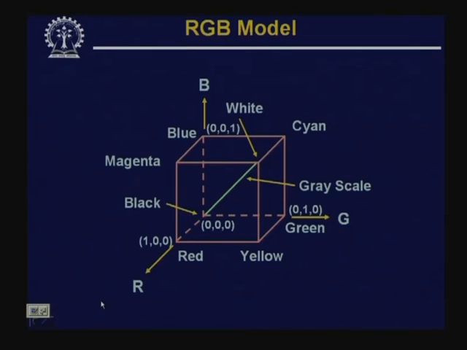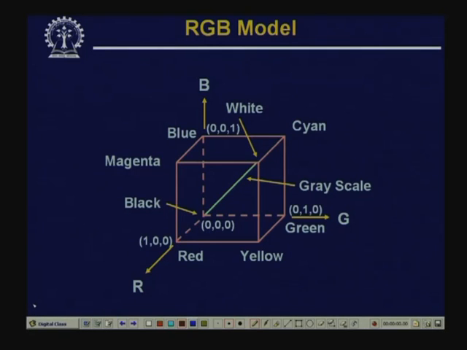We will see in this diagram that this shows diagrammatically an RGB color model that we normally use. You find that this RGB color model is based on the Cartesian coordinate system, where the red, green and blue components, R, G and B, are placed along the coordinate axes, and the red component is placed at location 1, 0, 0 as shown in this diagram.